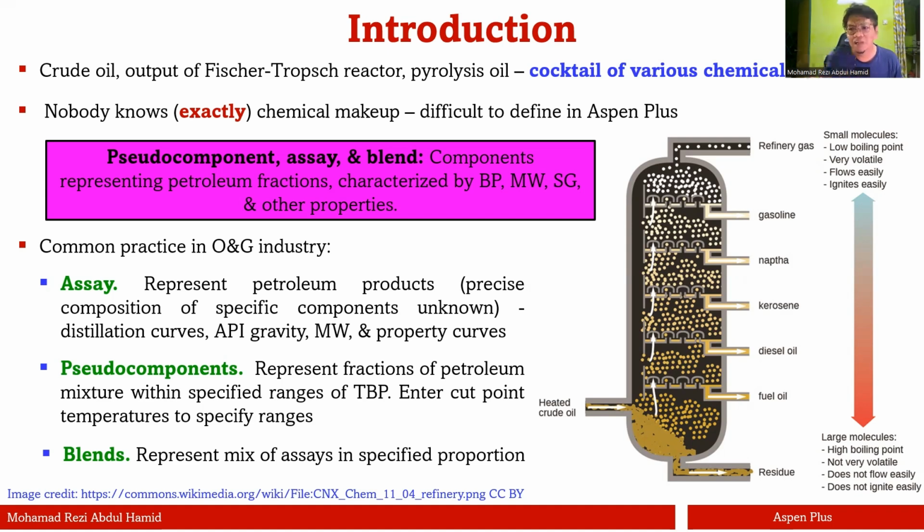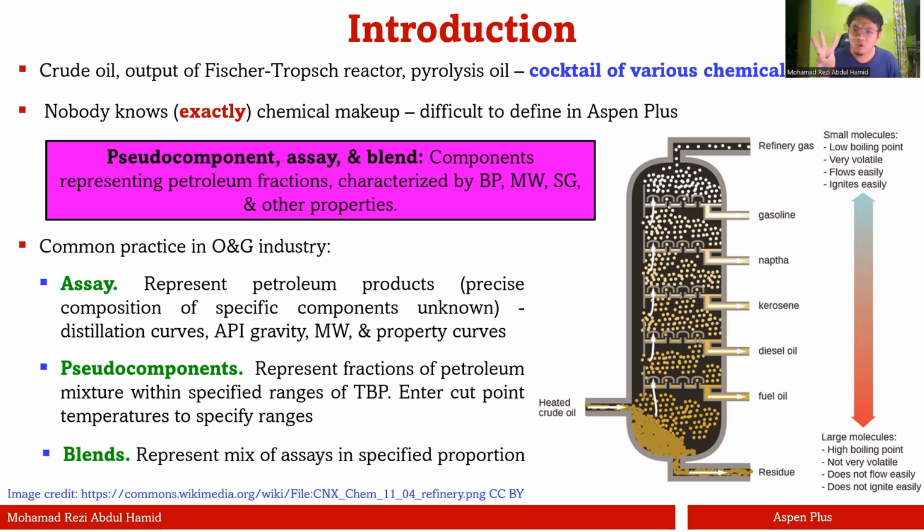Now, in chemical industry, in my earlier videos, I always talk about conventional components, which are quite simple and straightforward to specify. But for crude oil, it is quite common in oil and gas industry to represent crude oil or any petroleum fraction as a pseudo component.